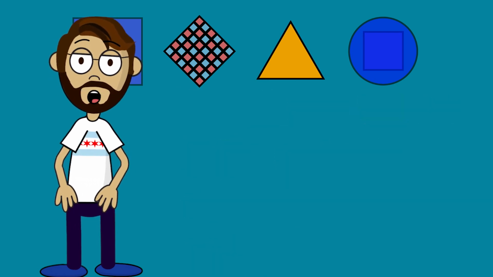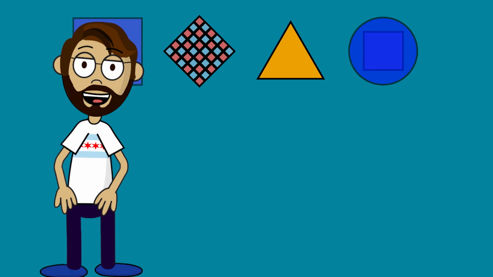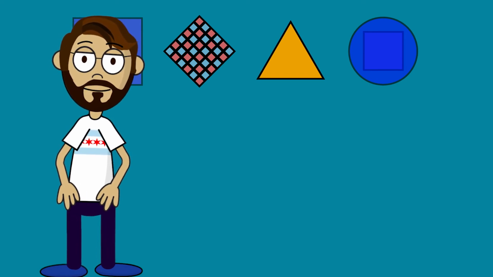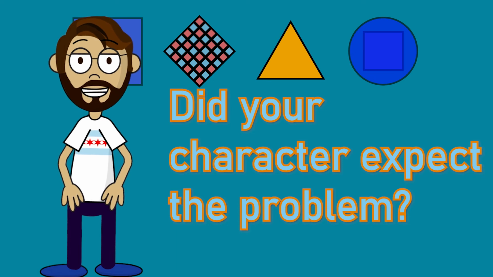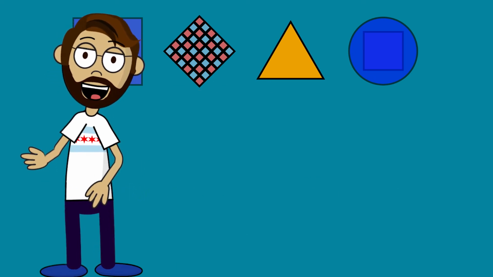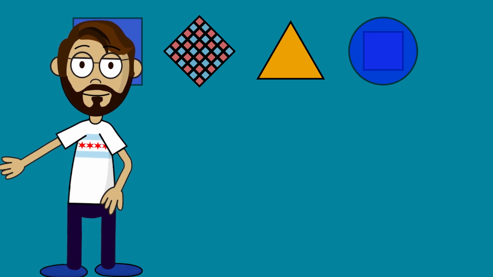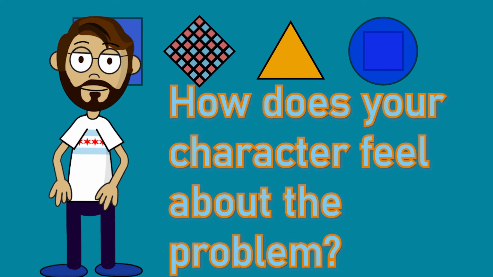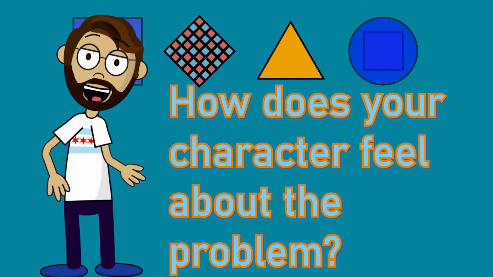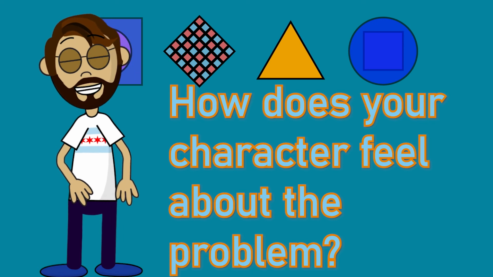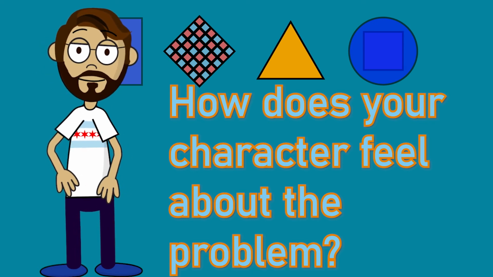Next, let's think about problems. The first question I want you to think about is, did your character expect the problem? Then, how does your character feel about the problem? If your character knew they were going to have to do chores after school, they might feel differently than if it was a surprise.